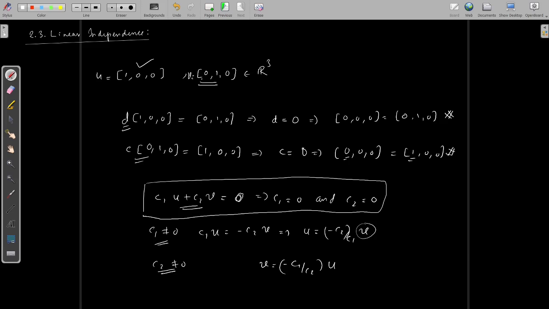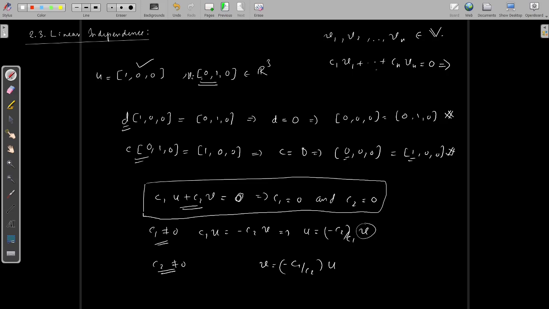The generalization of this concept is called linear independence. This was only for two vectors, so we can extend this property and define the linear independence of vectors. Suppose we have v1, v2, etc., vn, all elements of a vector space V, and consider the linear combination c1 v1 plus etc. plus cn vn equal to 0.